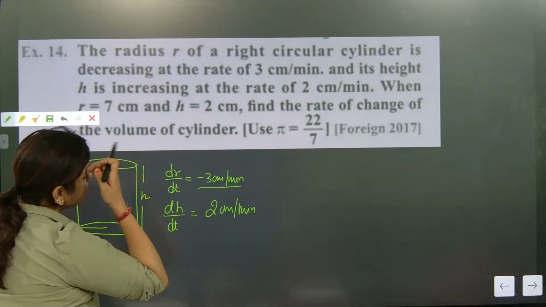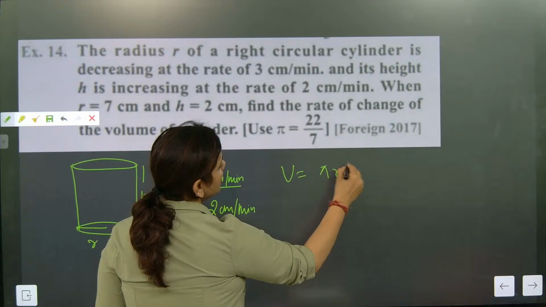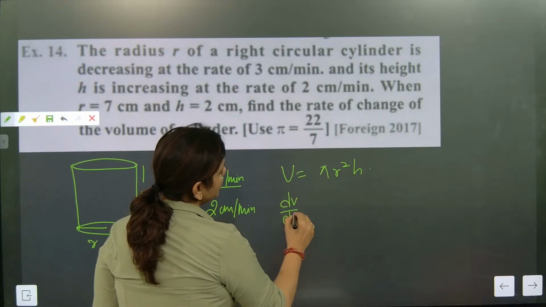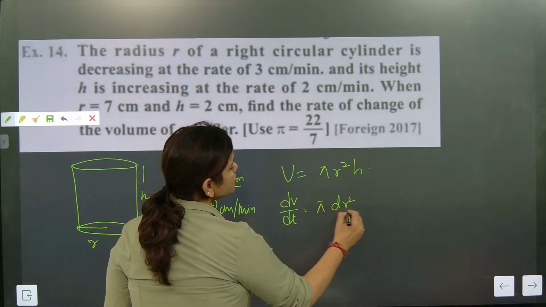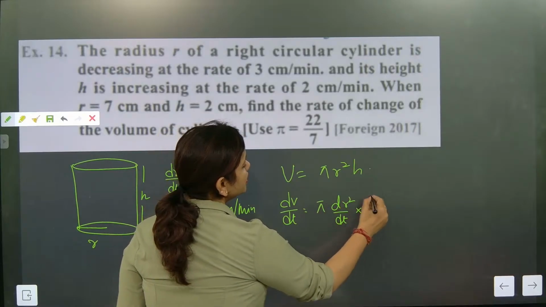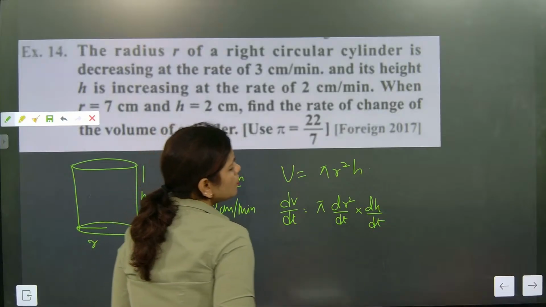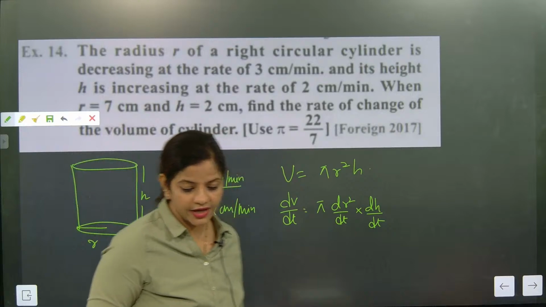It's a very simple question because volume of a cylinder is pi r square h. So dv by dt is equal to pi, d r square by dt into dh by dt. Correct? So we will apply d of dt there.